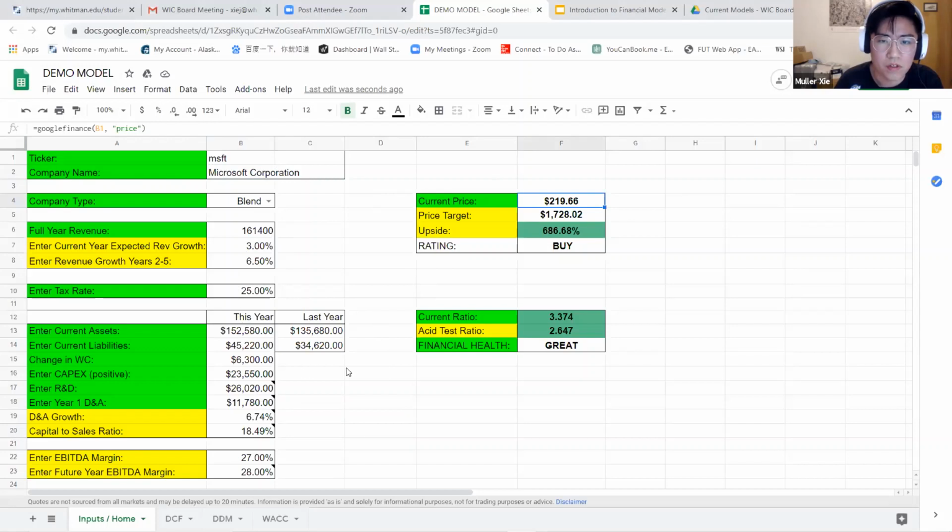I'm going to talk about it from the top to the bottom. Here, the first one is to choose the type of the company, which describes what type of stock your target company is. There are three different types of stocks here.